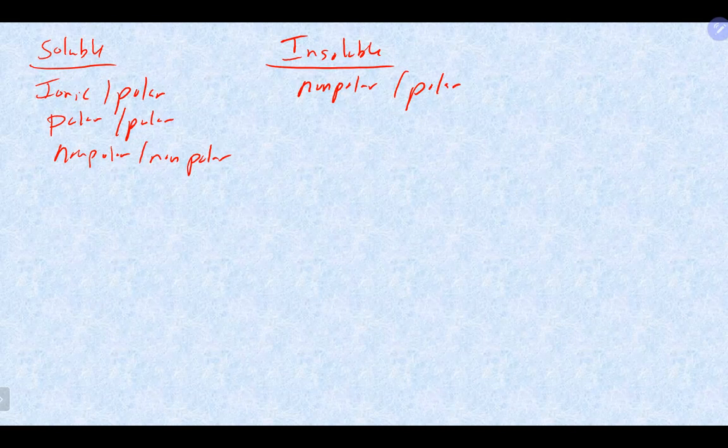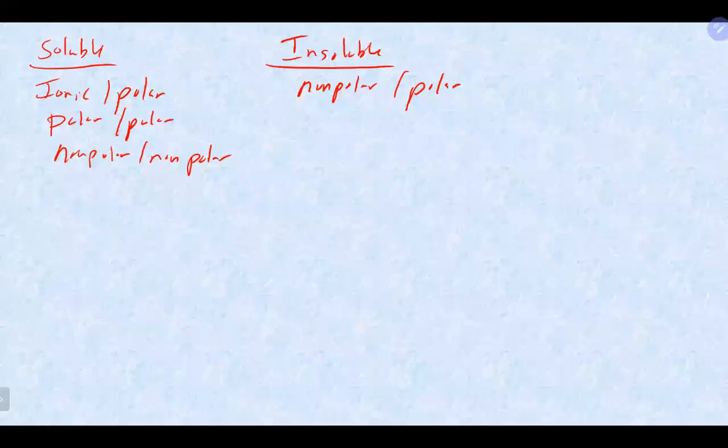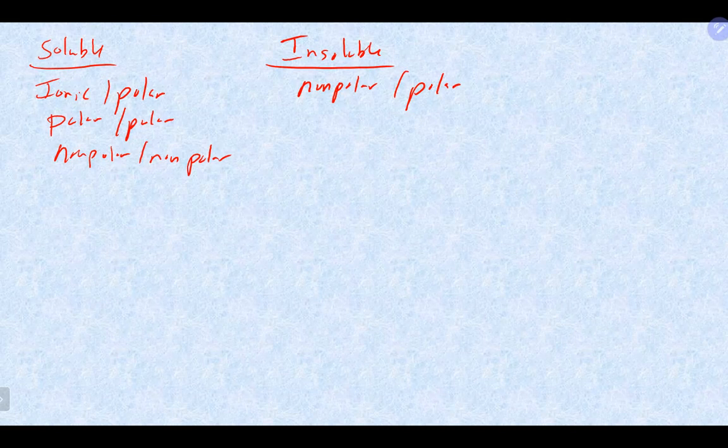We also talked about ways to describe solutions. You could have a saturated solution, which is a solution where you basically have the maximum amount of solute that will dissolve at a given temperature. We also could have an unsaturated solution where we haven't hit that point yet, which means you can continue to dissolve more solid in it until you hit a saturated solution.